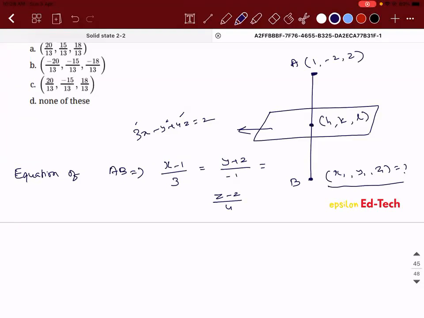Then h minus 1, I can write as 3r, for example.